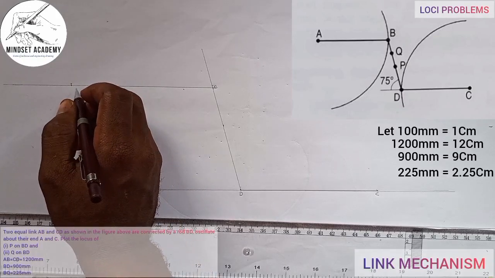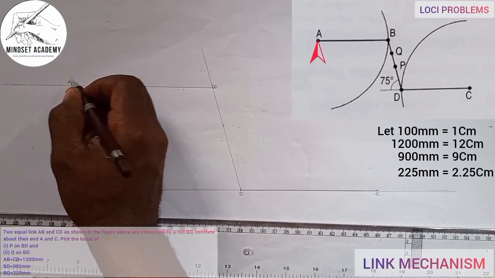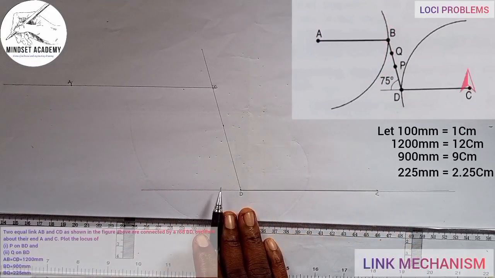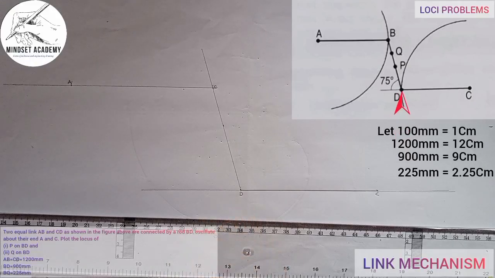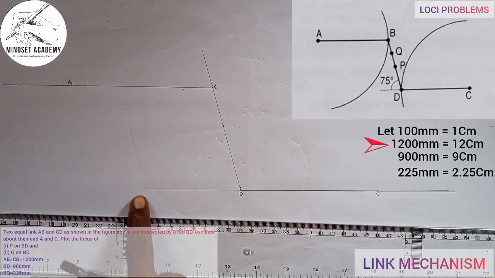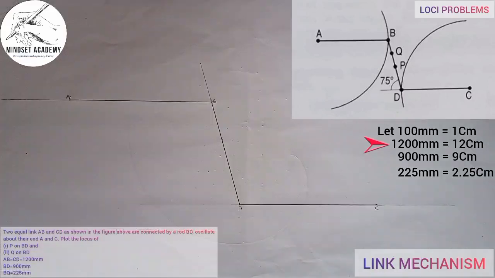And that will be point A, because I was told that AB is equal to CD, as given in the question, and that is giving us 12 centimeter when we have reduced them to our scale. So now we know the angle between here and here, we have calculated to be 45 degree. So I don't need this, so I'm going to delete this off. So this is what we have.